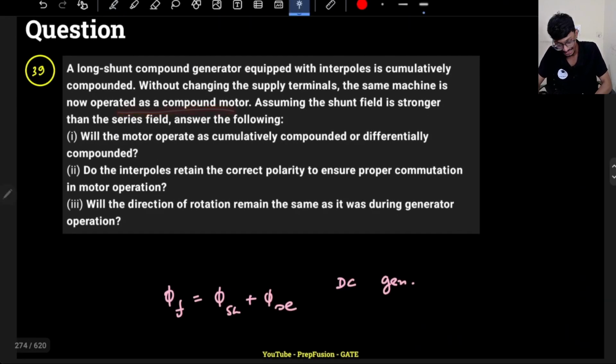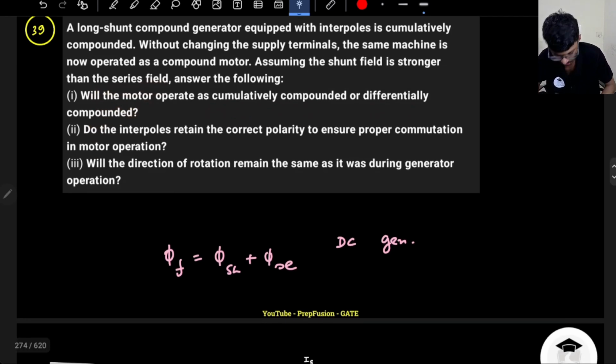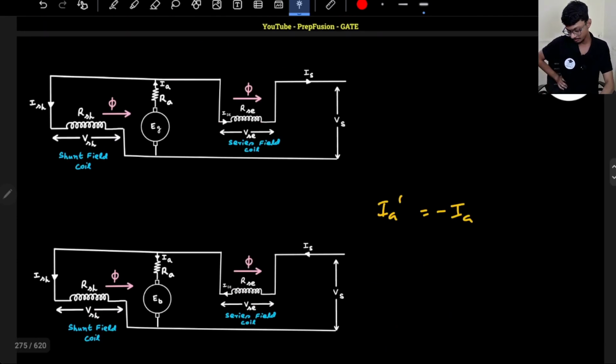So now, as operated as a compound motor, assuming that the shunt field is stronger than the series field, will the motor operate as cumulatively compounded or differentially compounded? Okay, that is what they are asking. So if you observe, previously it was working as cumulatively compounded, that is both the fluxes were aiding each other, both in the same direction, the series field and the shunt field.